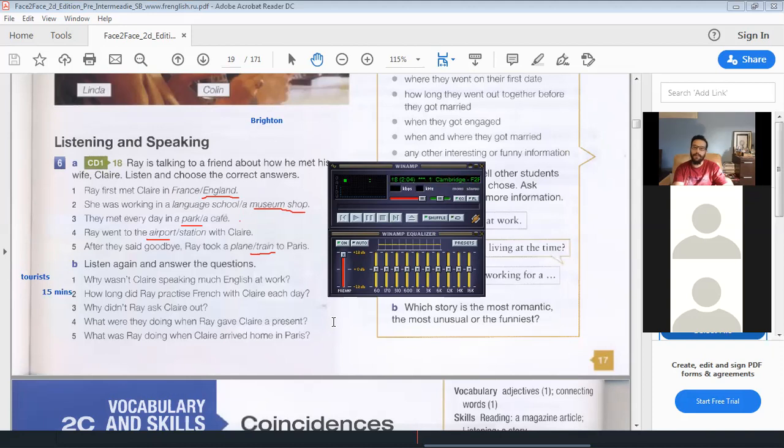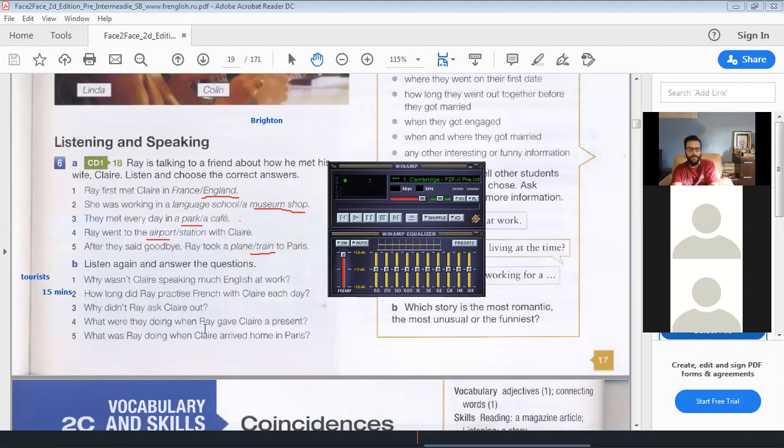So this time I want you to focus on the second part, okay? Let's read just the questions very quickly before you listen, so you know what you're listening for. Why wasn't Claire speaking much English at work? We said tourists. How long did Ray practice French with Claire each day? We said 15 minutes. Why didn't Ray ask Claire out? We want to listen for this.